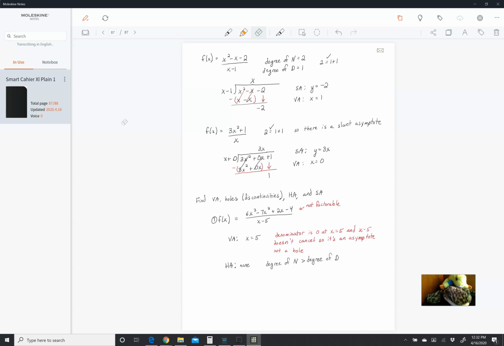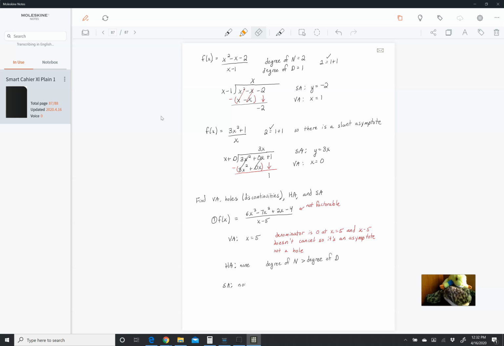There's the possibility where the degree of the numerator is greater than the degree of the denominator, then there's no asymptote. Where the degree of the numerator is less than the degree of the denominator, in which case the asymptote is 0, or where they're equal, in which case the asymptote is at y equals the ratio of the leading coefficients.